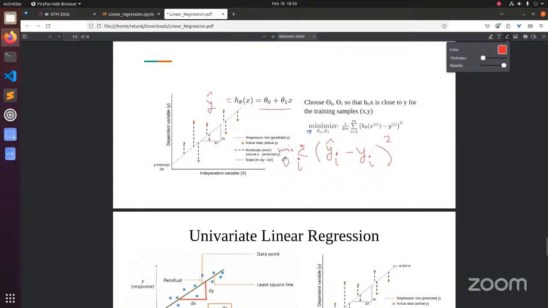We want to find theta such that this square is minimum. And how do you find y hat i? Y hat i is simply theta bar transpose xi.